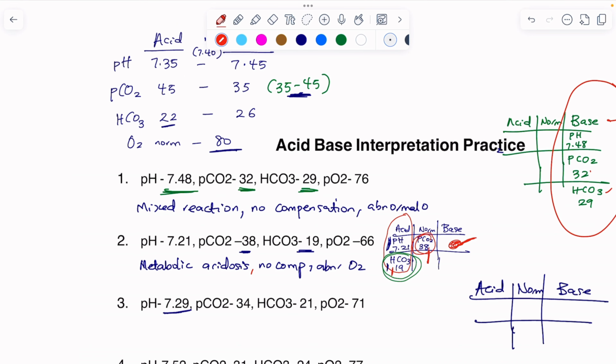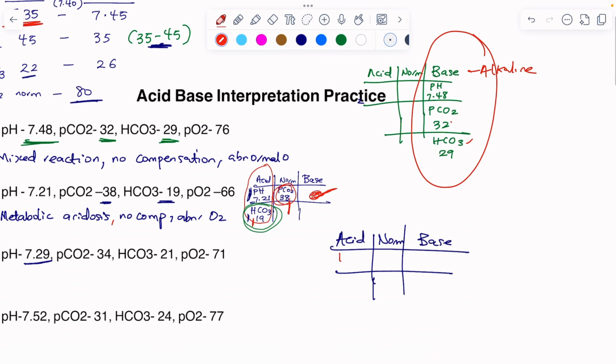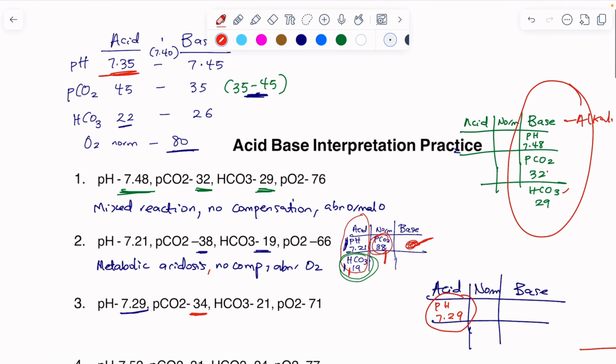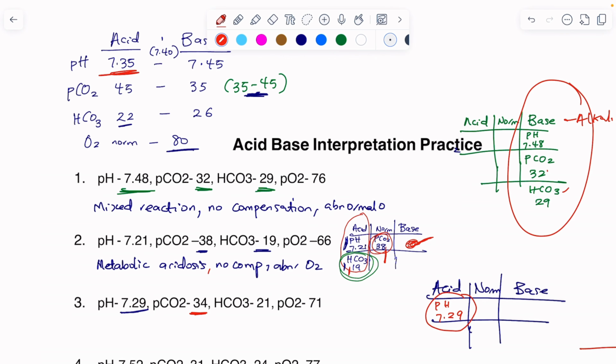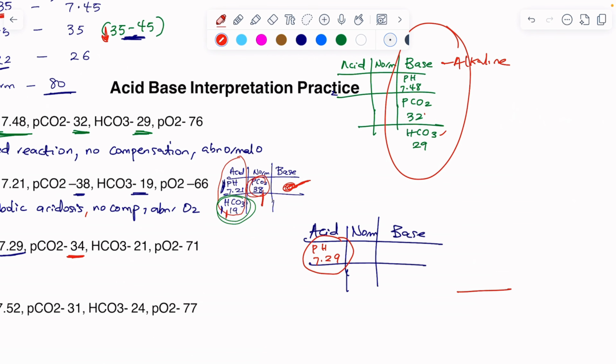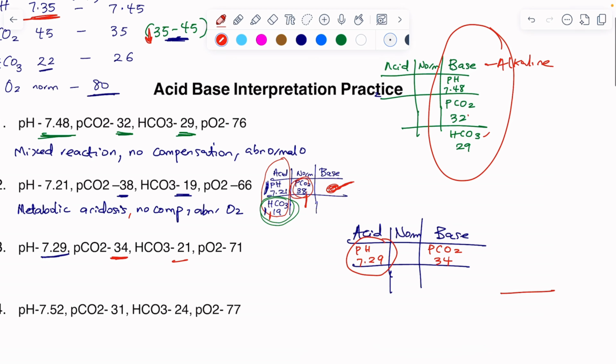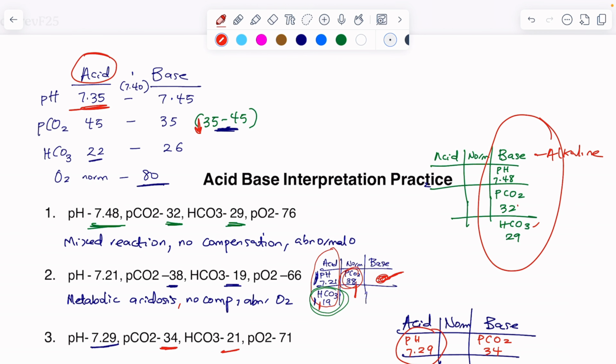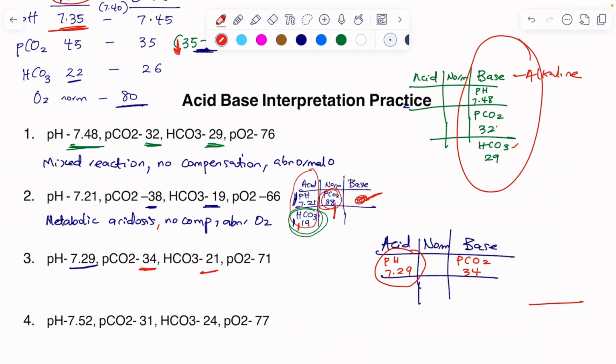It's acidic, so we'll come here to write pH 7.29. This is 34, which is more on the basic side. As you can see, it's less than 35 over here. So we want to come here to say PCO2 34. Now we look at our HCO3. HCO3 is 21, which is towards the acid side. So we'll come here to say HCO3 21.